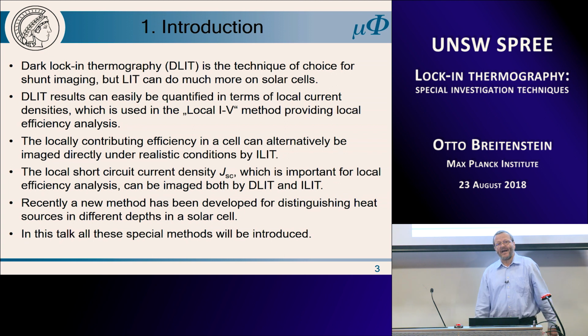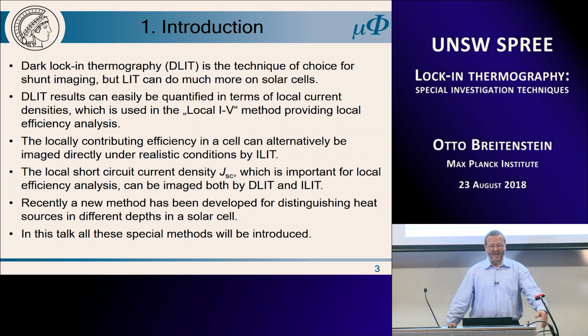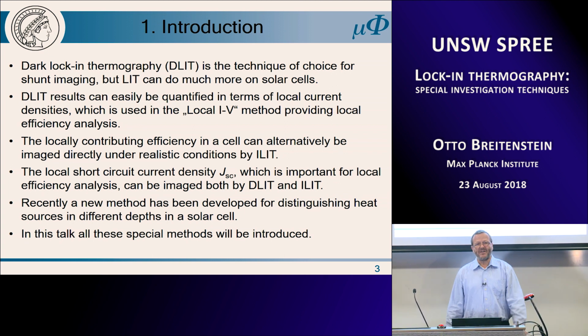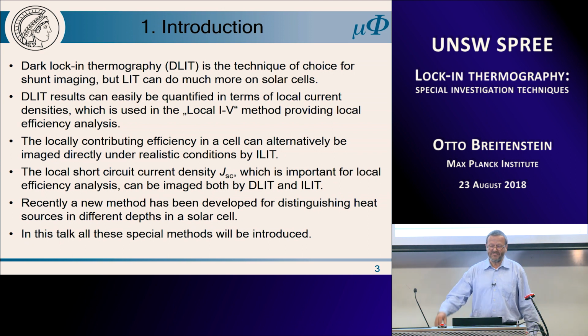So, as I made clear already in my first talk, dark lock-in thermography, which I will abbreviate here DLIT, is a technique of choice for shunt imaging. However, lock-in thermography can do much more on solar cells. And the point is that these results can easily be quantified in terms of local current densities, which is used in the so-called local I-V method, which I've mentioned already before.